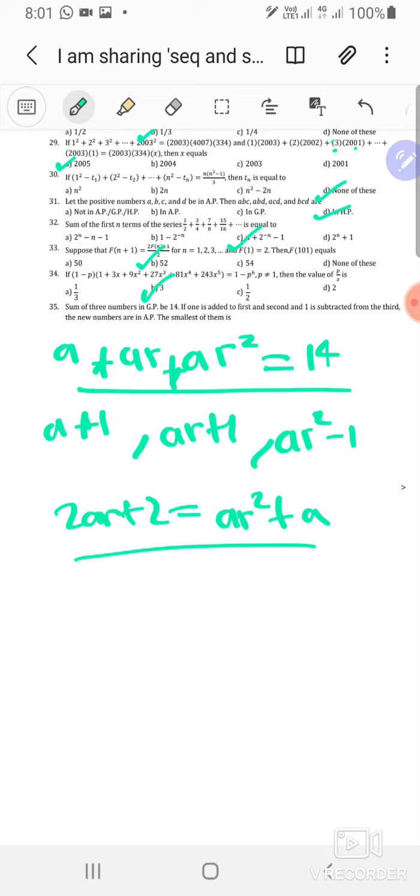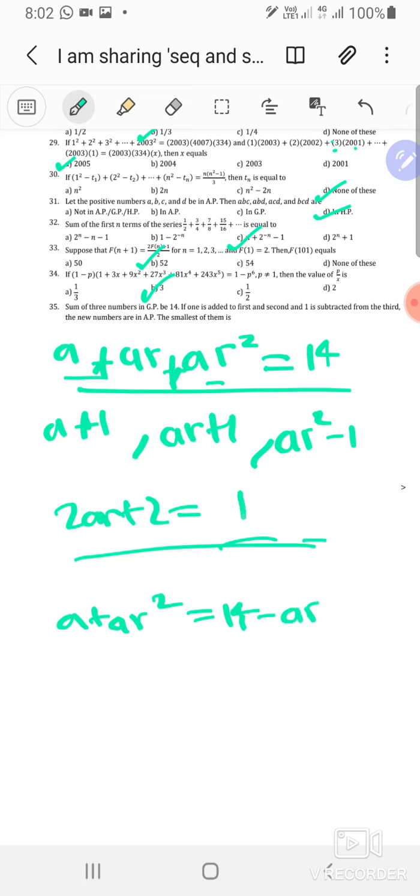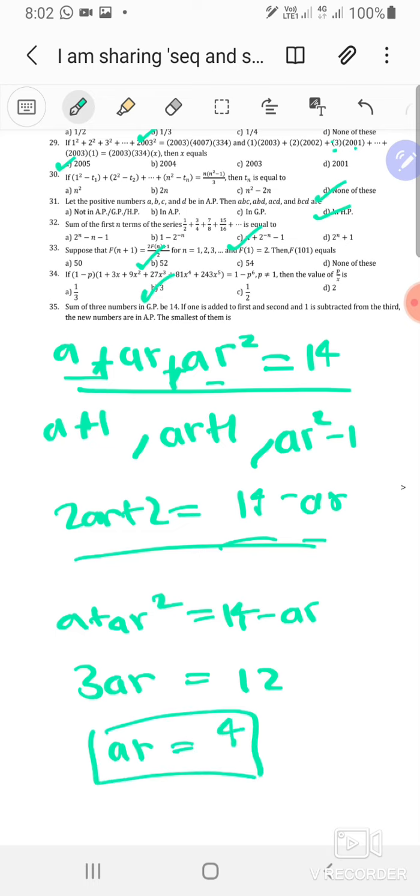Fine. So wait, you know that a plus ar squared happens over there as well. We know that a plus ar squared is just 14 minus ar. So let's input that over here. So 14 minus ar. That gives me 3ar is equal to 12. So ar has to be 4. So now we know what the middle term is.